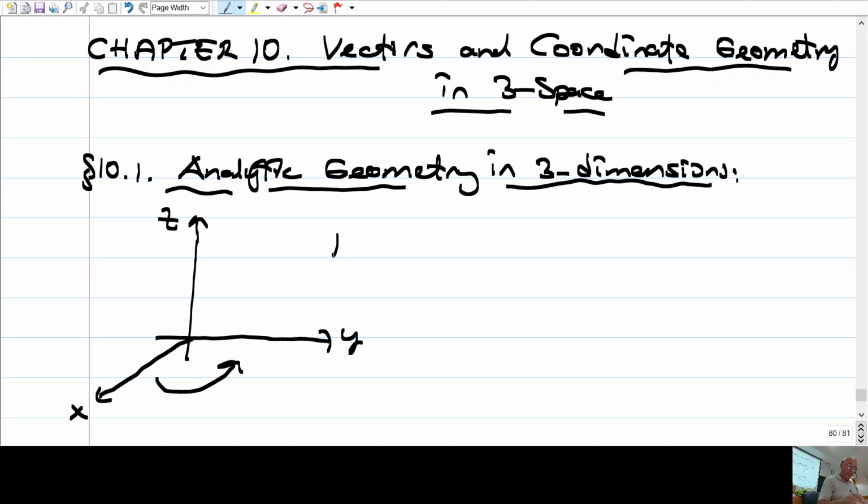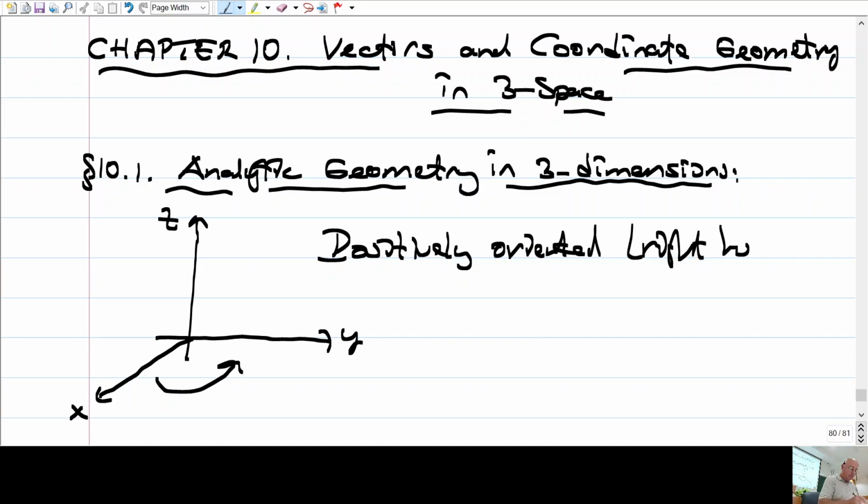So this is a positively oriented, or right-handed, coordinate system.